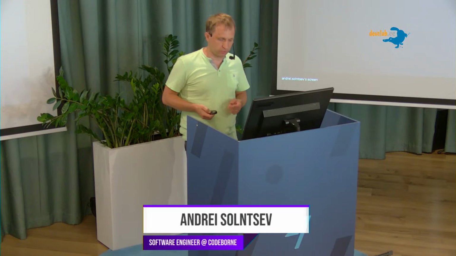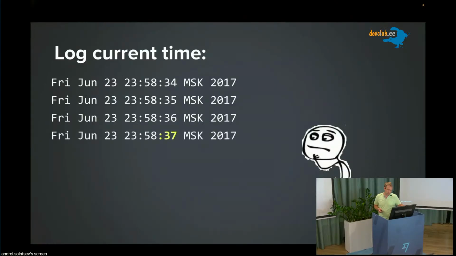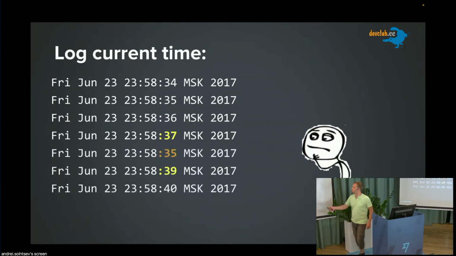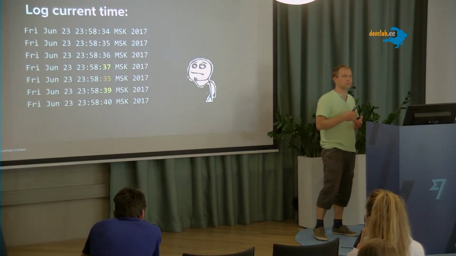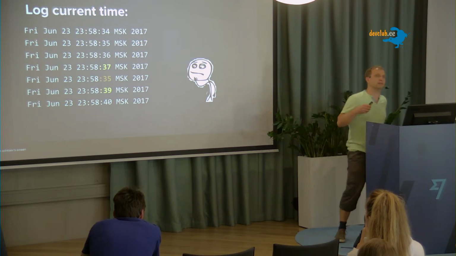And what we found was magic. This is the result of this bash script which runs every second and logs the current time. And you see a mystery here. Something happened here. So the problem was not with Java, not with the tests, but with the Linux system time.